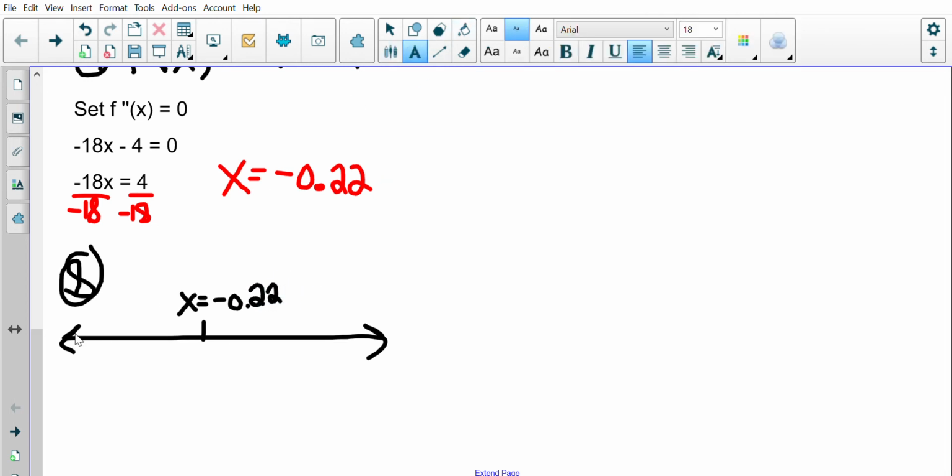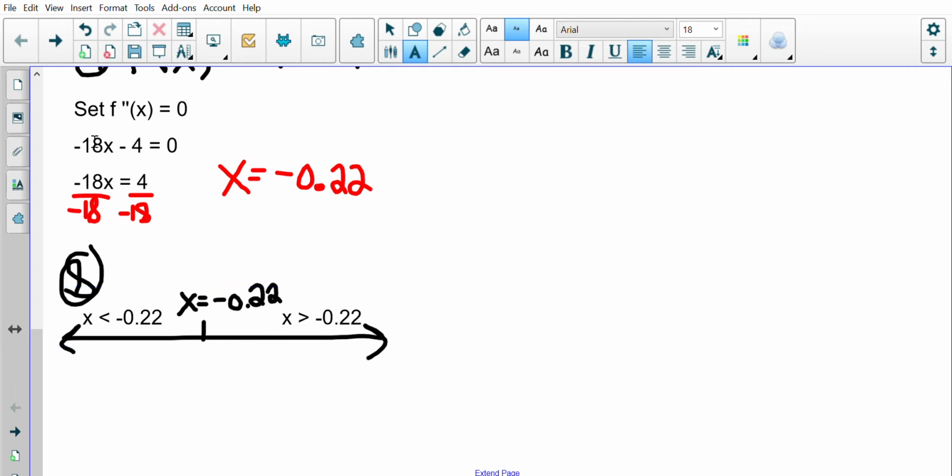I'm only worried about 2 intervals for the double derivative: when x is less than -0.22, and after it, when x is greater than -0.22.